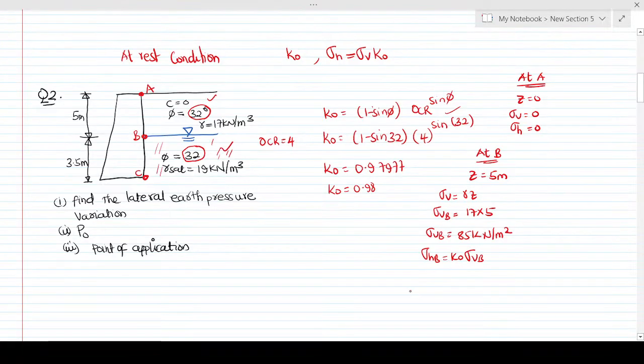vertical at B. And so my lateral at B will be equal to, I'm very sorry with the sound. When I came here, there was no noise, but they are working, so there's nothing I can do about it. So this is going to be my lateral earth pressure at B. Then I come and take at C, right?